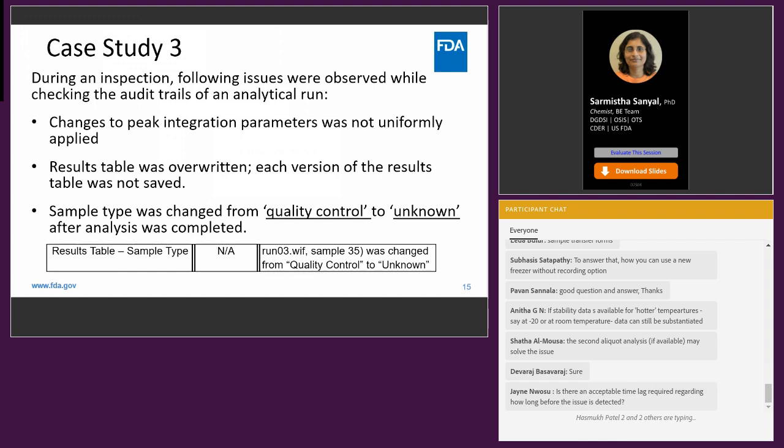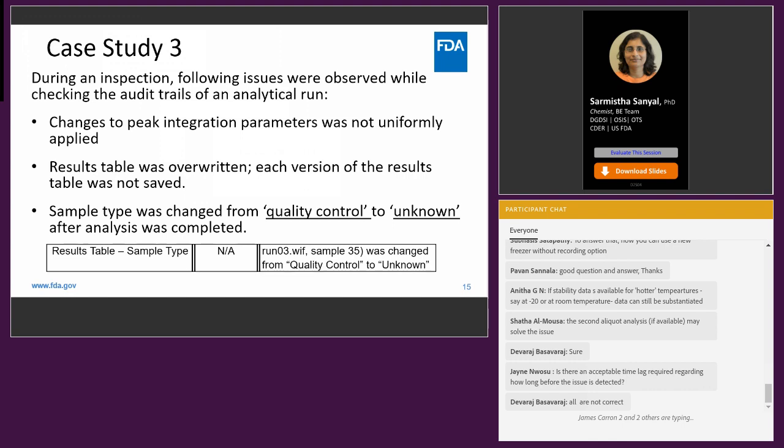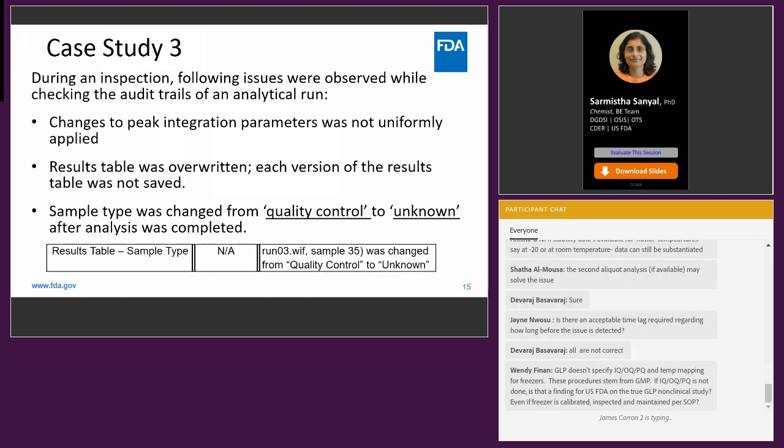All these examples are not considered as the best practices to retain analytical study data. Peak integration parameters should be uniformly applied to all samples in the study. If the results table are overwritten for a reason, it should be justified and each of the original version of the results table should be preserved.